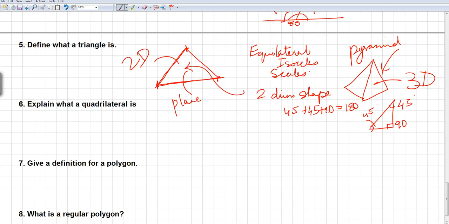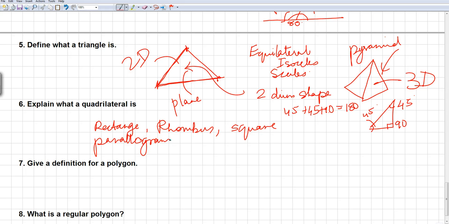Now what is a quadrilateral? A quadrilateral has 4 sides. So a rectangle is a quadrilateral, then rhombus, then square, and parallelogram.